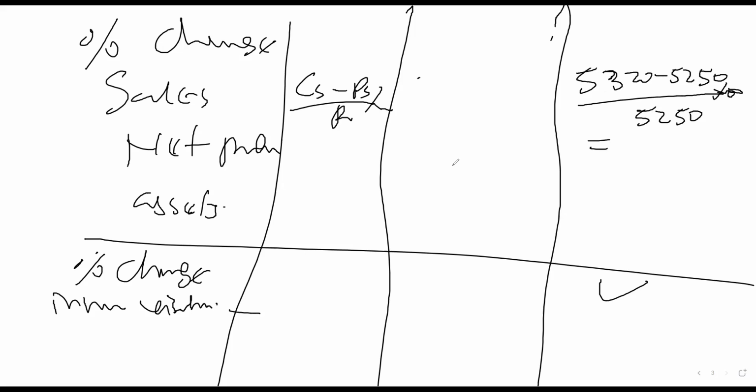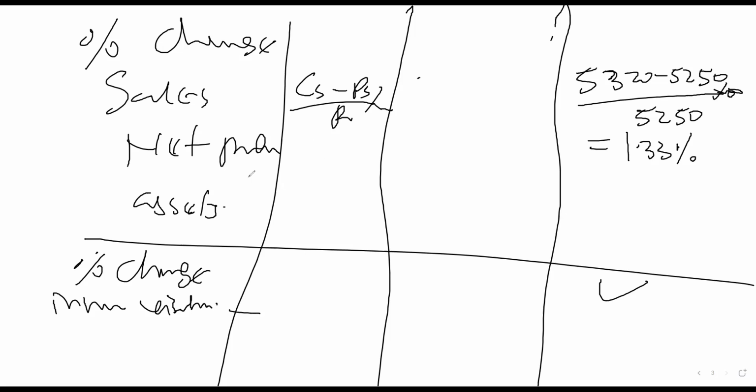So what do you get? Times 100, right? Yes, please. 1.3% or 1.33, so 1.33%.